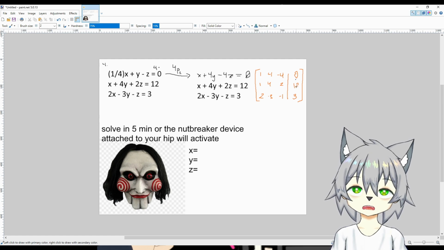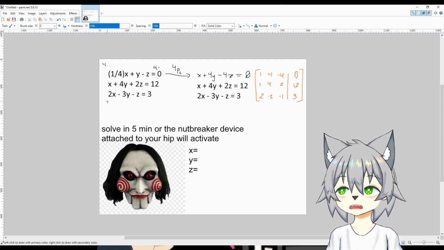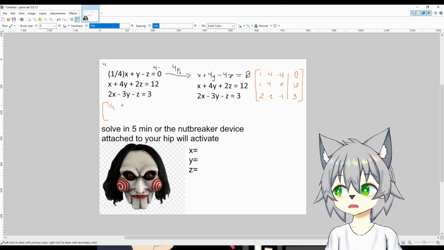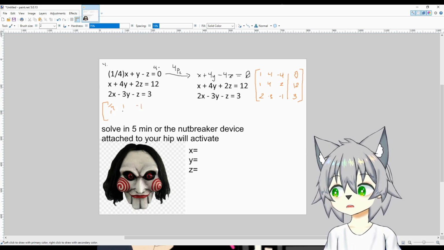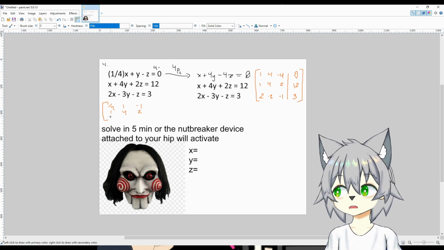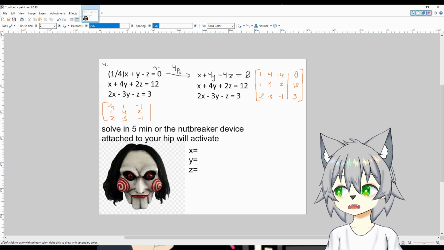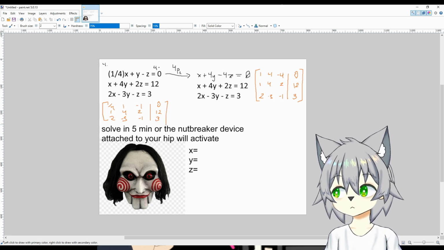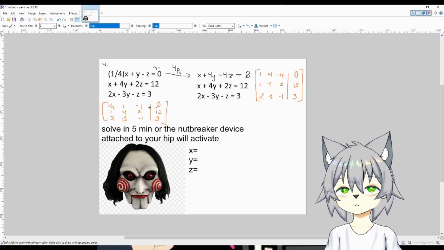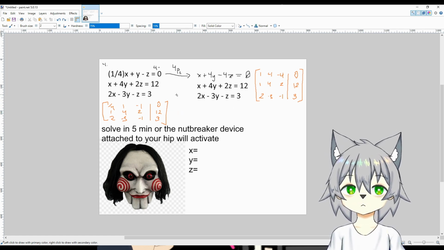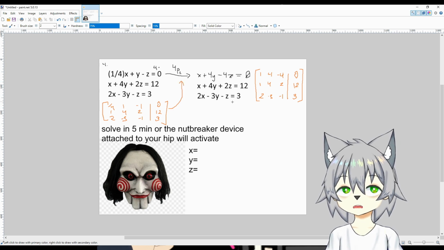We know, since these two are kind of equal, the original matrix, if we wanted to fill that out real quick, is 1, 4, 1, minus 1, 1, 4, 2, 2, minus 3, minus 1, 0, 12, 3. And then we just transformed it using the same operation as this one here.